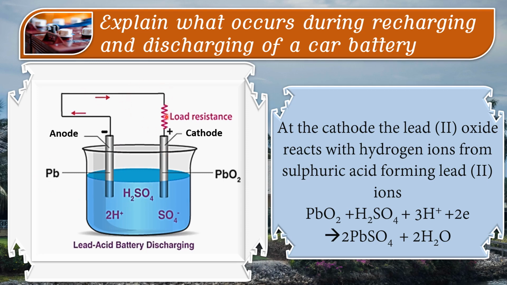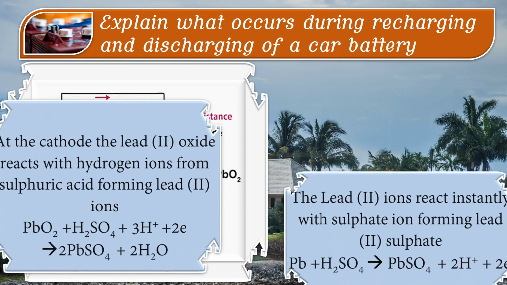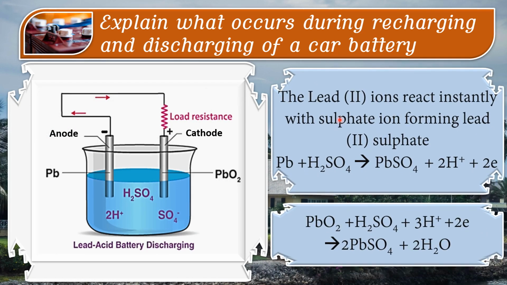Now, these lead 2 ions are the ones that are provided to lead 2 oxide to form lead 2 ions. The lead 2 ions react instantly with the sulfate ions, forming lead 2 sulfate.